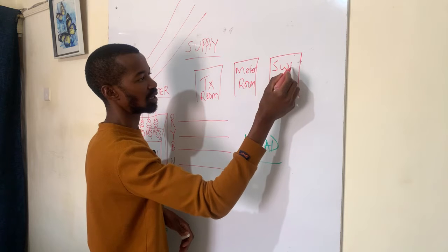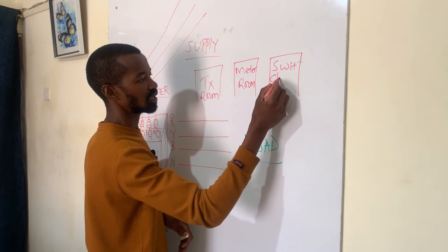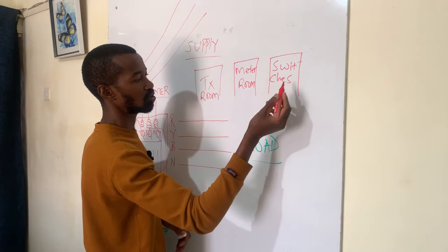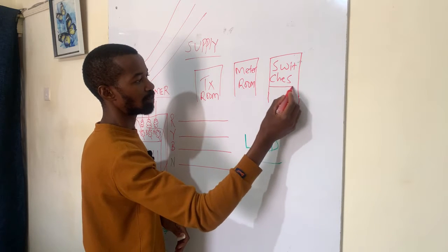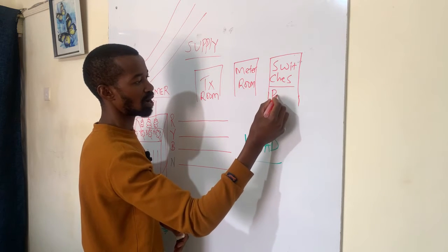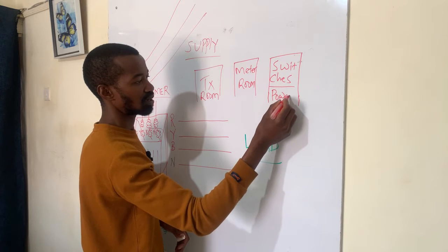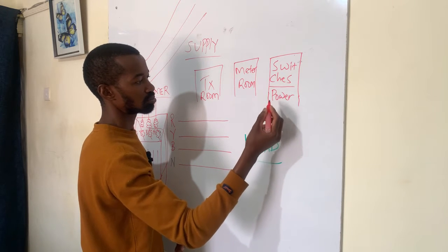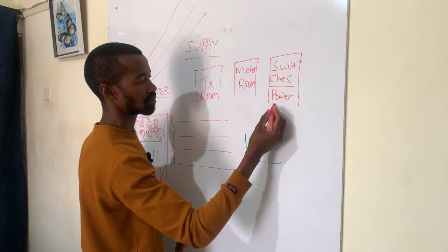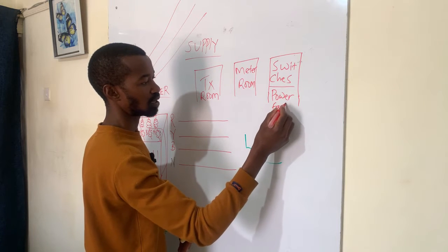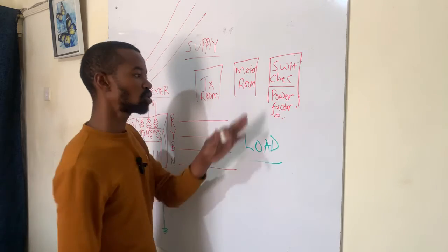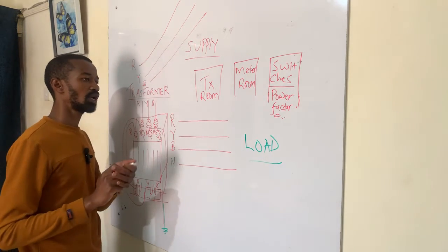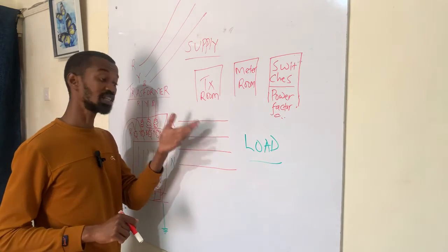These are normally very tiny rooms, depending on what is in there. You can also have a place where you will have the power factor compartments. We will talk about these when we start getting deep into three phase.